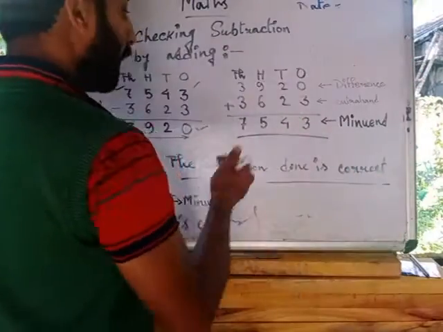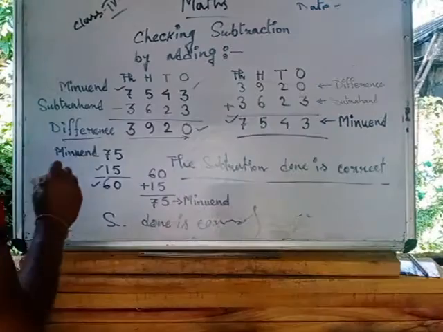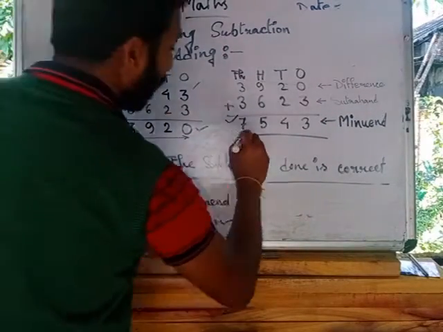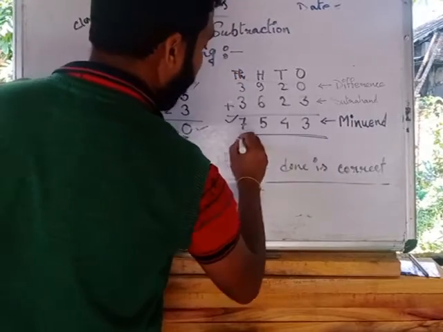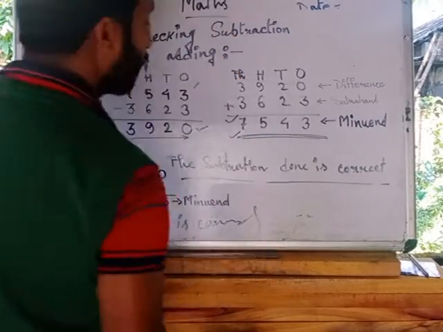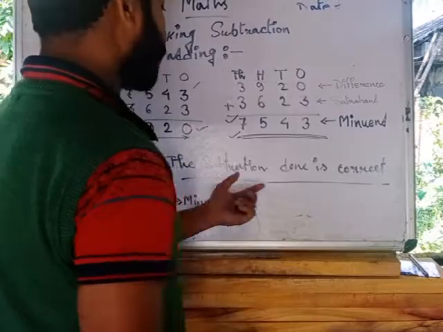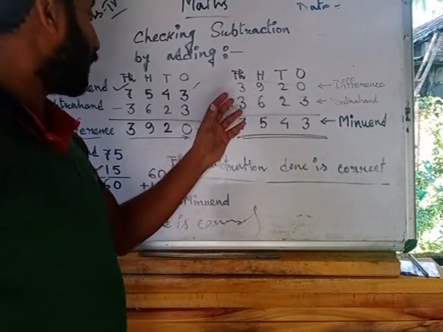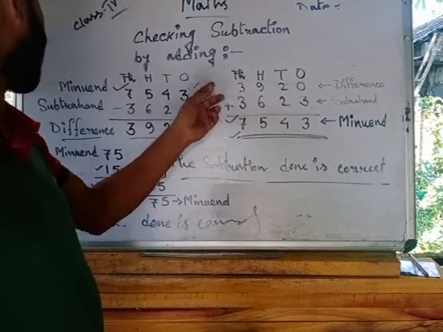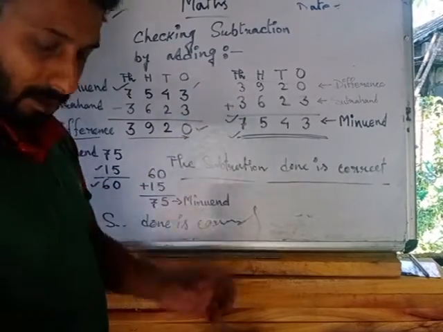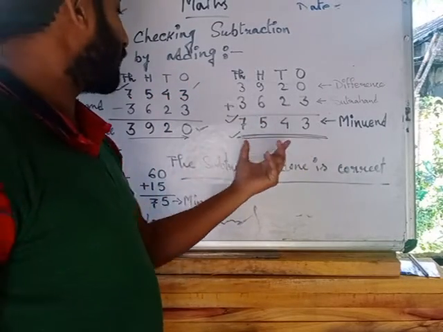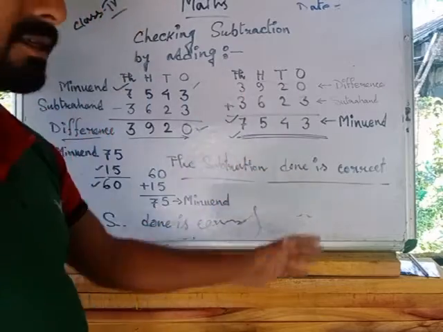If the sum of the difference and the subtrahend after adding equals the minuend, that means it is correct, otherwise it is wrong.